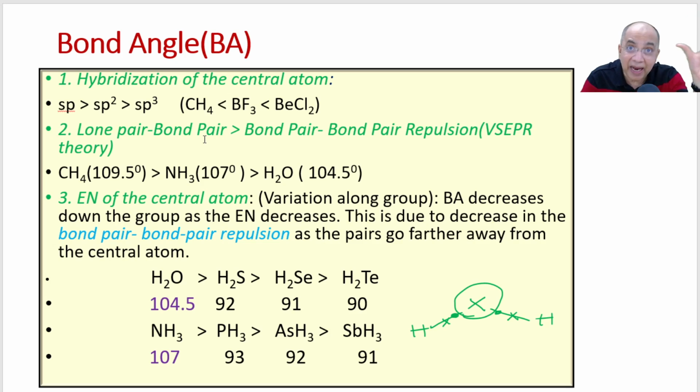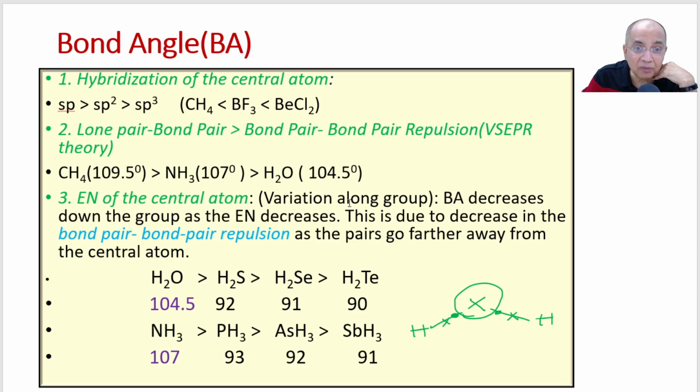But slight changes in the normal expected angle are due to the presence of lone pair. And from the VSEPR theory, lone pair-bond pair repulsion is greater than bond pair-bond pair repulsion, right? That makes ammonia smaller than the tetrahedral angle in methane, and water still less because of the presence of two lone pairs.